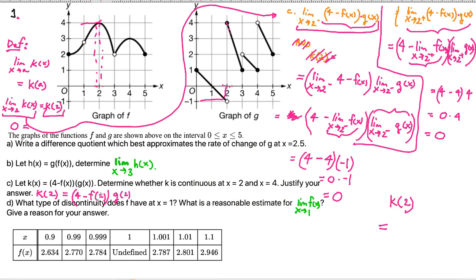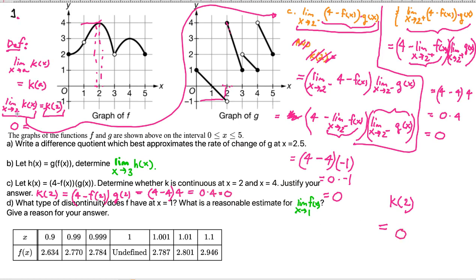So f of 2, if I go over here, f of 2 is 4. So I'm going to get 4 minus 4 times g of 2, which is 4. And I get 4 minus 4 is 0. 0 times 4 is indeed 0. And I get k of 2 is 0.